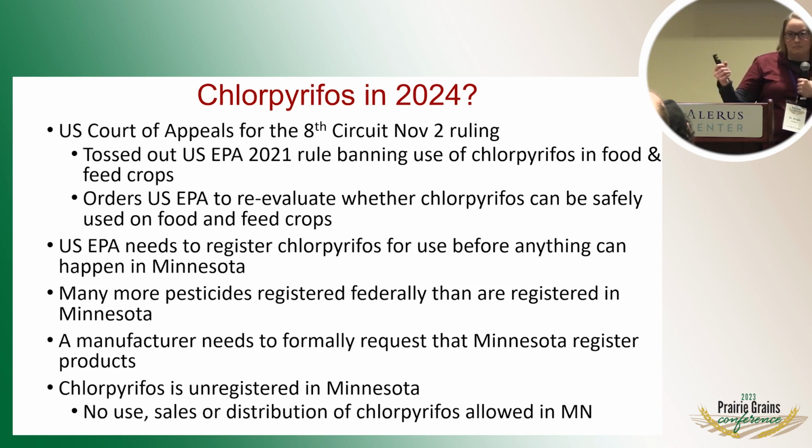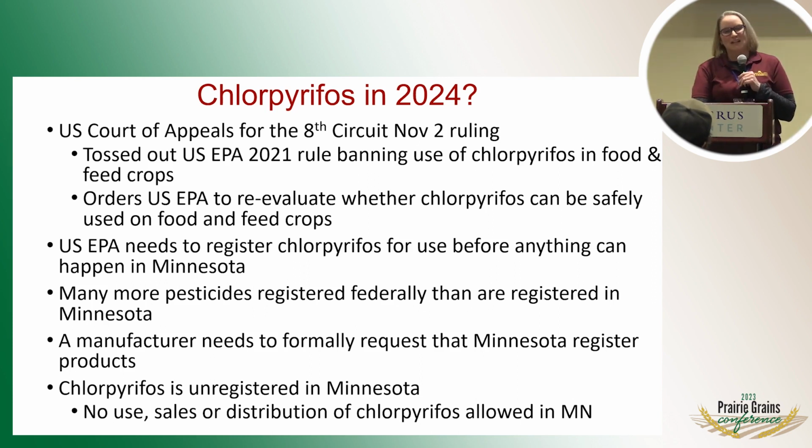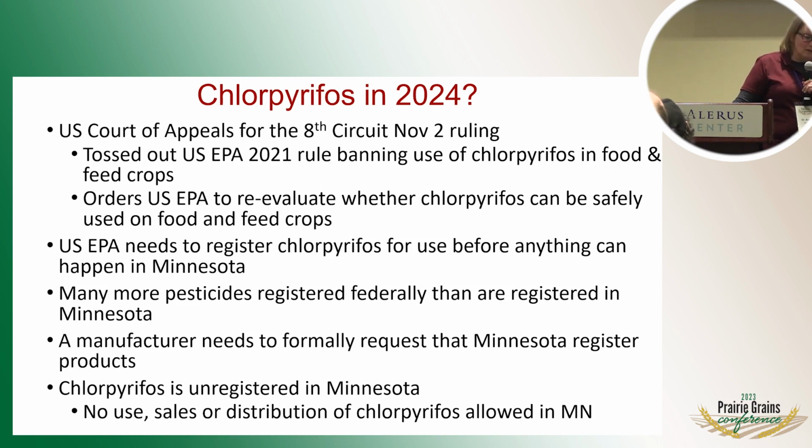EPA was ordered to go back to the drawing board and reevaluate whether chlorpyrifos can be safely used on food and feed crops. I know you guys would have an interest in understanding whether you could, in 2024, use that stockpile of Lorsban you have in the back of your chemical shed.